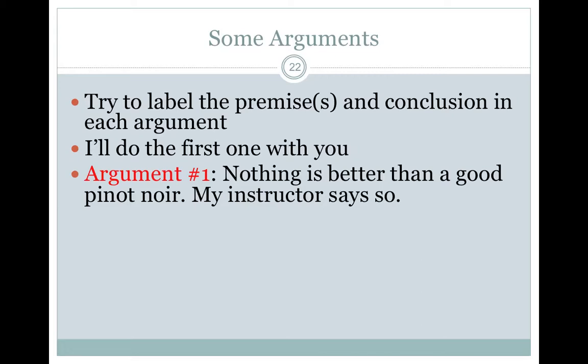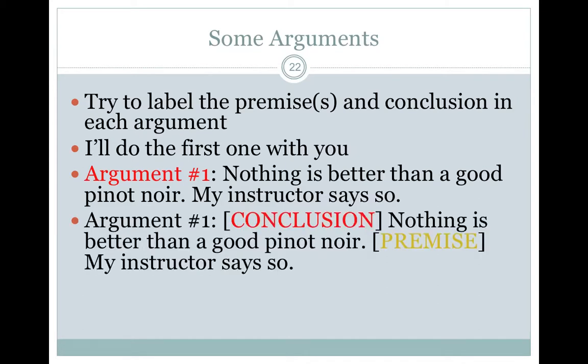That's what the person who makes this argument is trying to convince you of. What reason do they give in support of that conclusion? What is the premise? Well, just that my instructor says so. Maybe that's a bad reason to believe that nothing is better than a good Pinot Noir, but that's the reason given by this argument. And I've got that labeled like this.